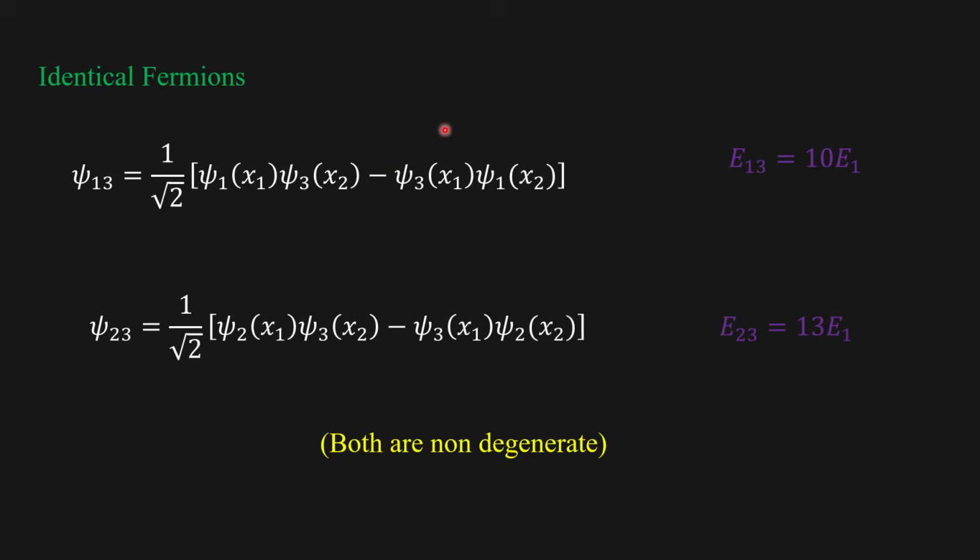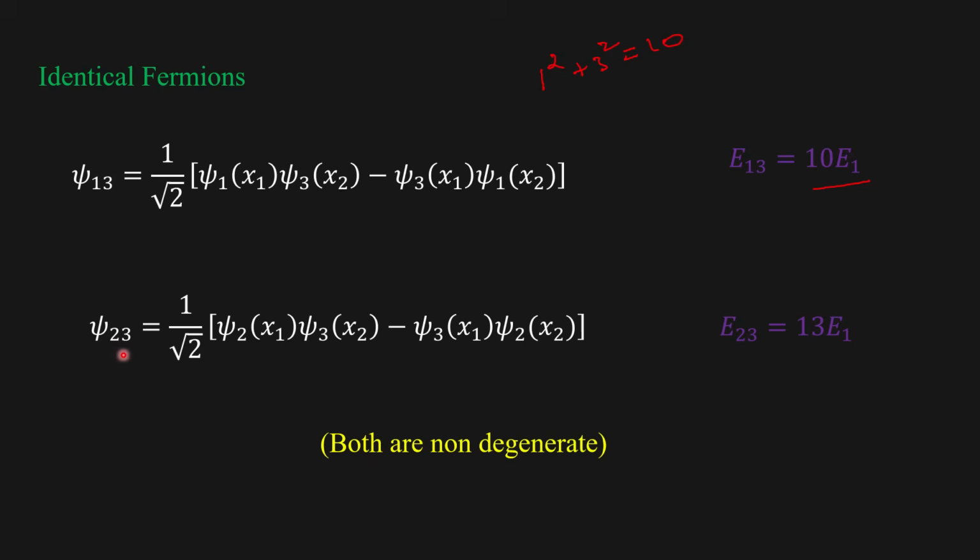So here the energy level is 1 squared plus 3 squared, which is equal to 10. So 10 E1. Similarly, psi 2 3, because you cannot have psi 2 2. So next energy state is 2 3. However, this is the identical particle. There is no difference between psi 2 3 and psi 3 2.